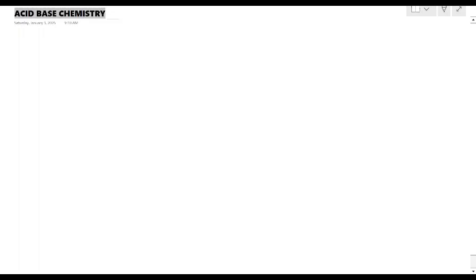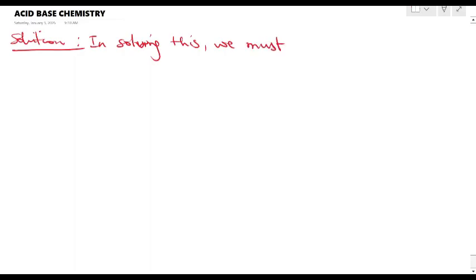In solving this, we just use the basic relationship. Not must, we could use other methods.